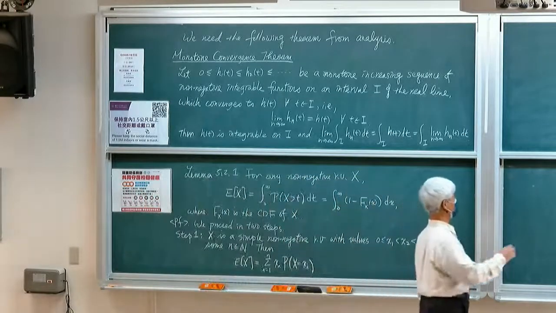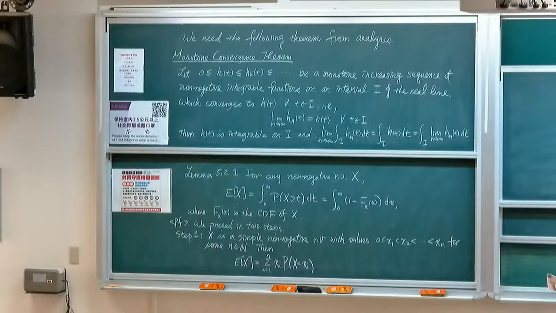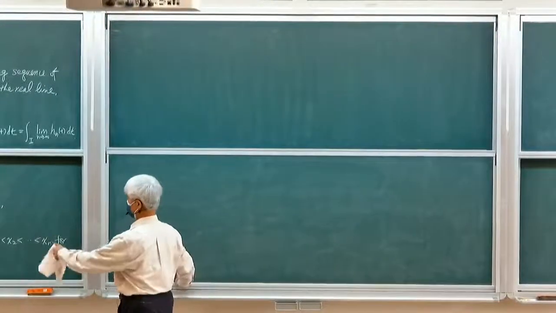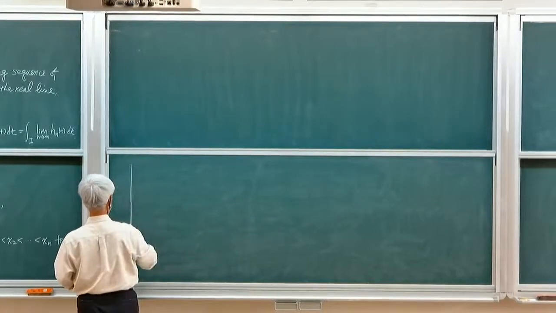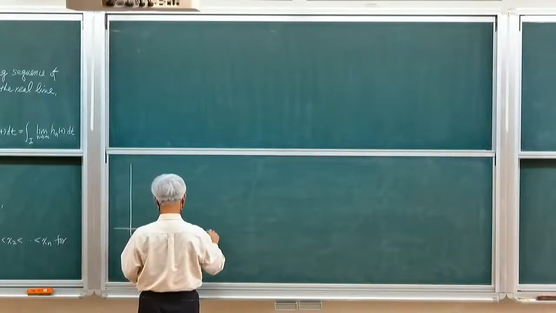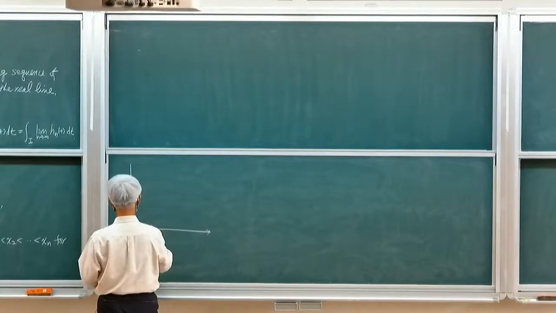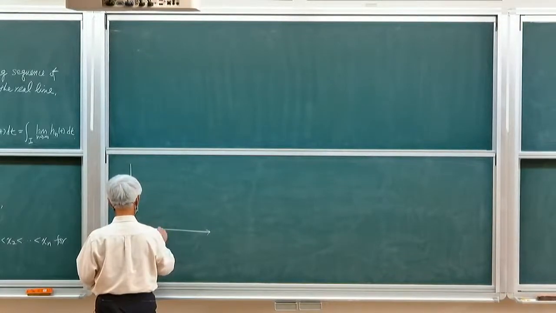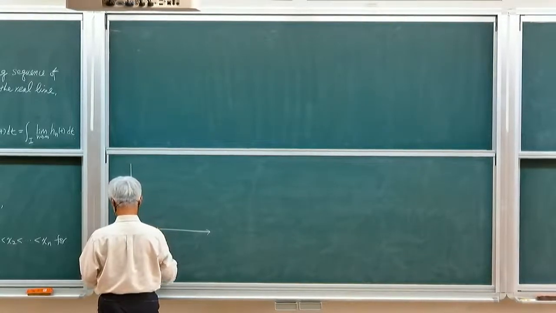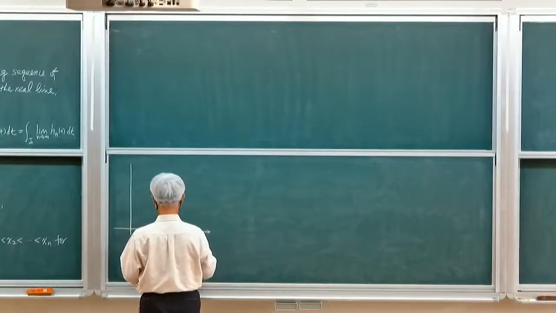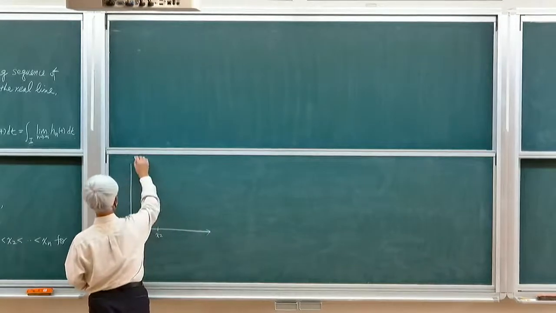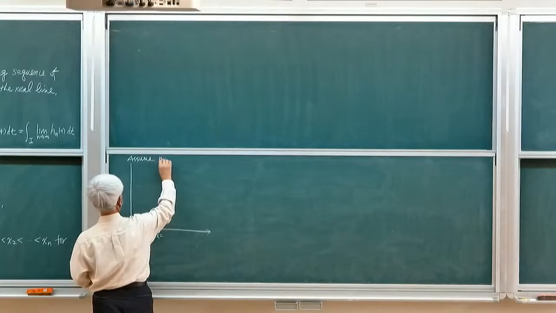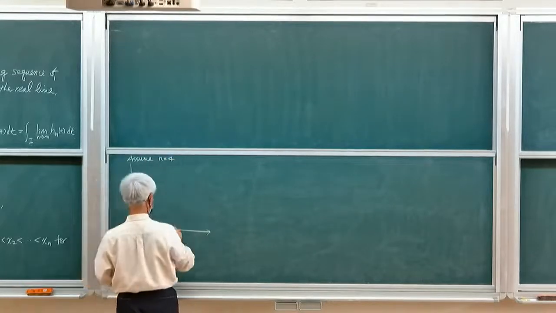And when we look at this, now we will draw a diagram. Suppose that this is x1, x2. Assume n equal to 4.